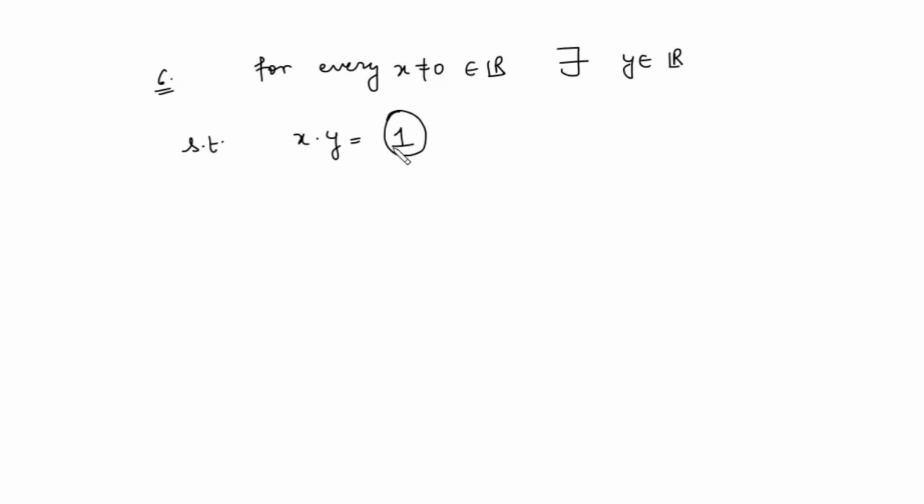So 1 is the identity with respect to the operation multiplication. So here this y is said to be the multiplicative inverse of this non-zero number x, and we know that this exists in case of real number, because since x is non-zero, 1 by x is also a real number, so y is nothing but 1 by x. So this holds in case of real number such that the product of these two numbers is 1.